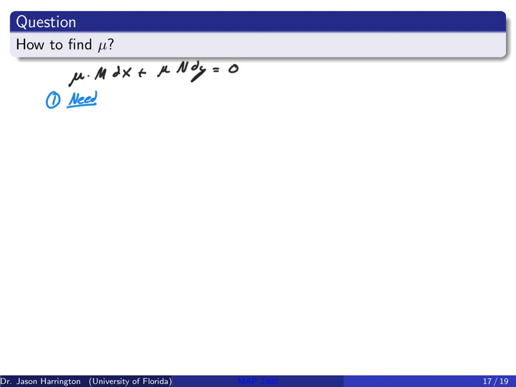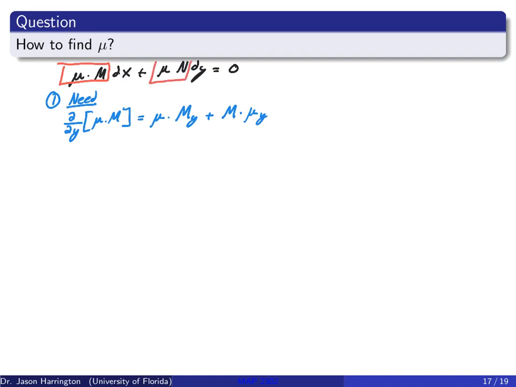So I have this first term here, and I need for that, if I take the partial derivative with respect to y of this, mu times M, that is going to be equal to the first times the derivative of the second, M sub y, plus the second times the derivative of the first, mu sub y. And I also need this second piece.